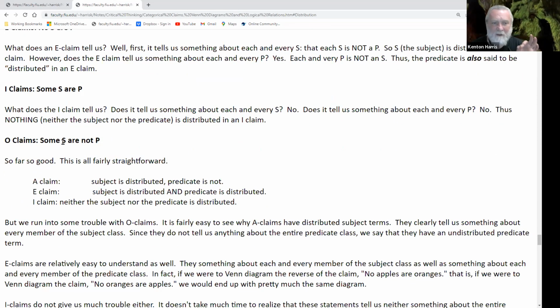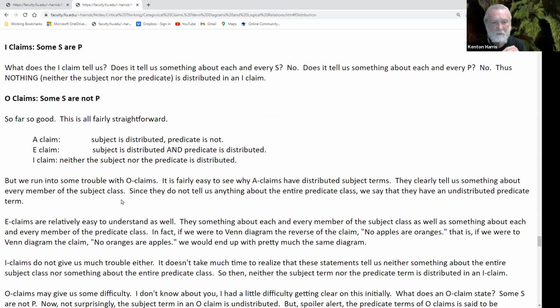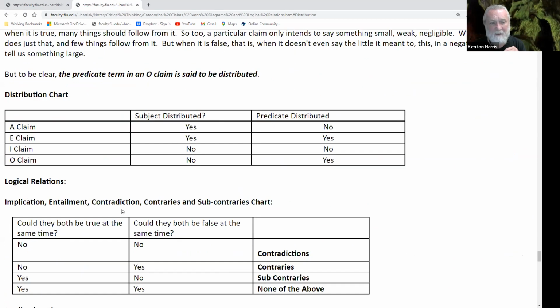It's a little hard to get your head around why this is the case, but in an O claim, the predicate, the P, is distributed. Not the subject, but the predicate. Again, read the notes if you want to figure out why that is, but in the end, you definitely want to remember it. A claim: subject, yes; predicate, no. E claim: both subject and predicate.